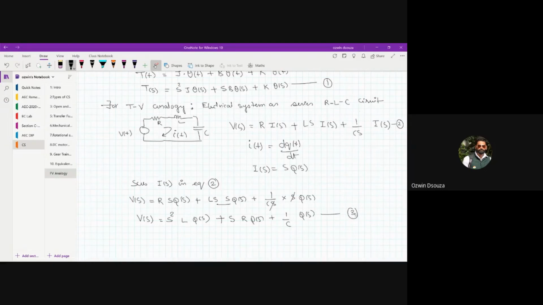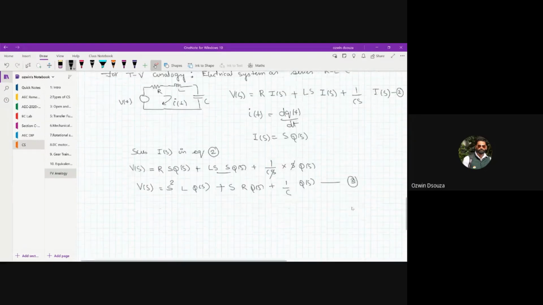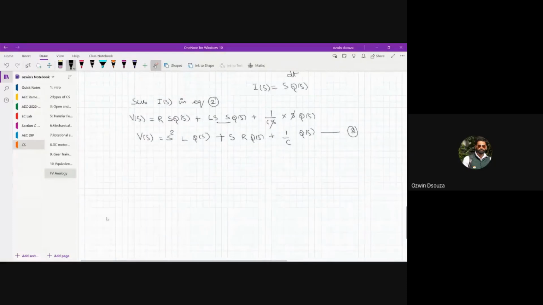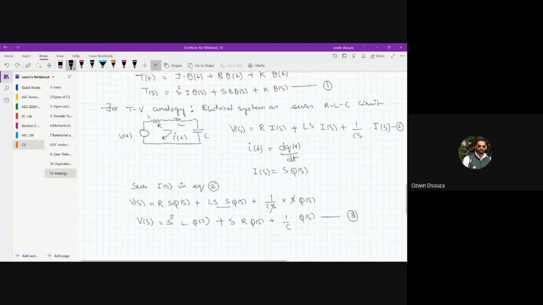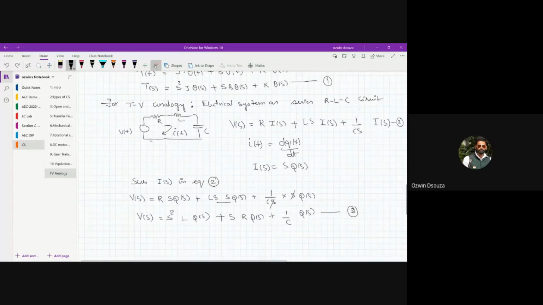Now you compare equation 1 and equation 3. Okay, you will have the counterparts of electrical systems, right? So you have force in mechanical system. Sorry, not force, torque, right? Because it's a rotational system. So against torque, you have voltage. Against angular displacement, what do you have? You have charge.